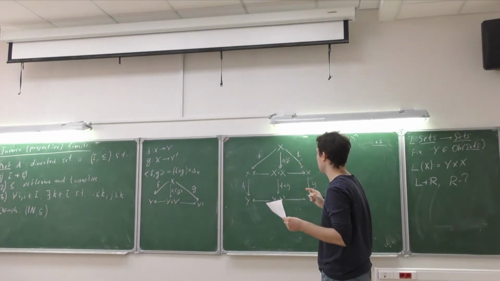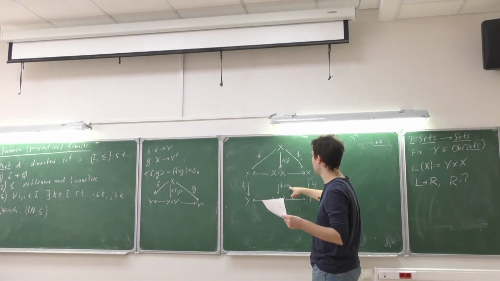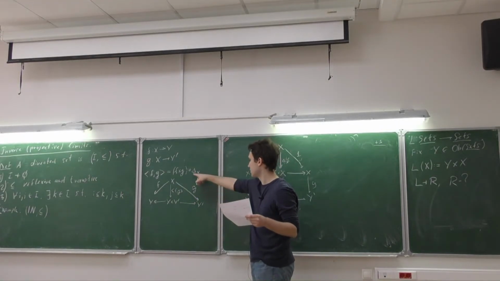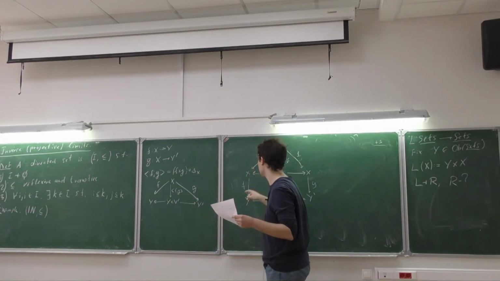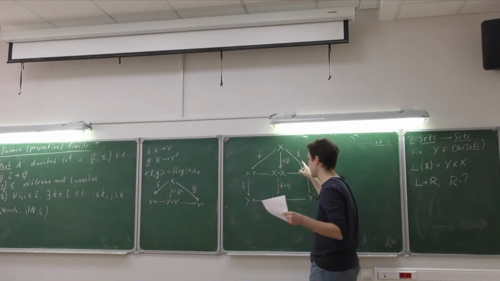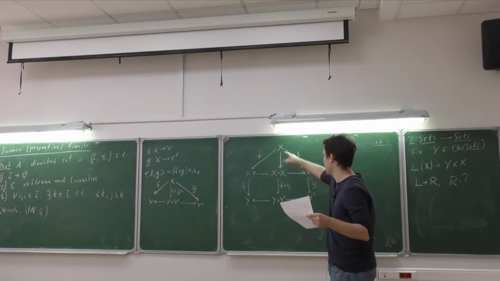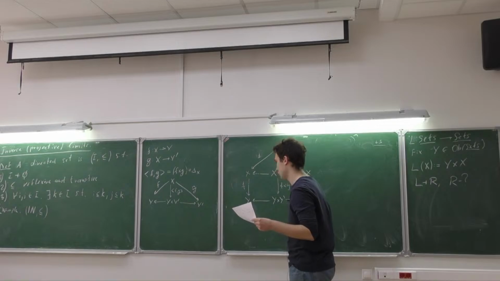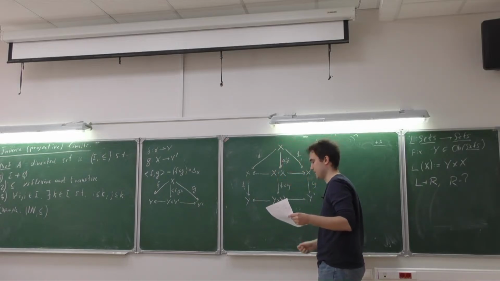And from this diagram and this diagram, we obtain this equality, I think, because here we have the composition of f and identity and g and identity, so this composition will be the same as this composition, because there is only one such map.